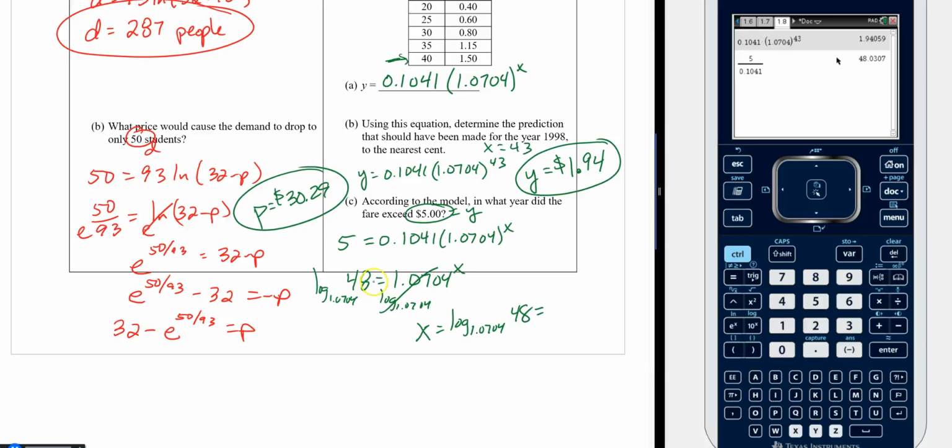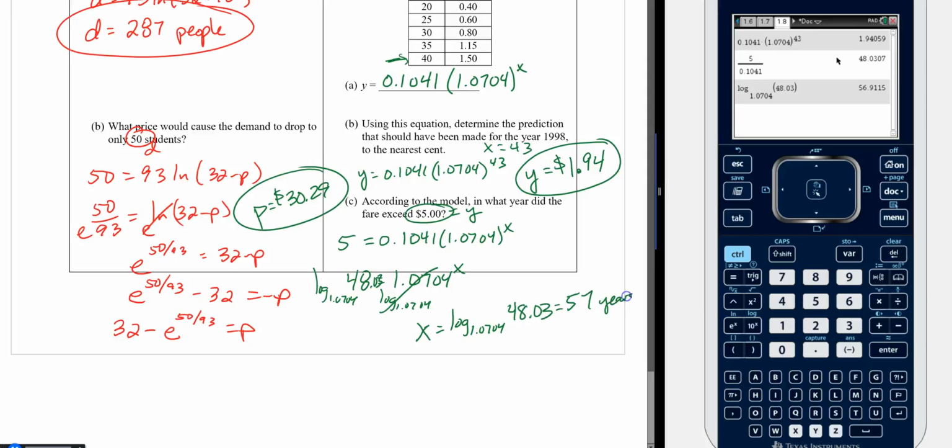I just wrote 48. That should have been 48.03, to be more accurate. So I've got log base 1.0704 of 48.03, which gives me 56.9, we'll call it 57 years.